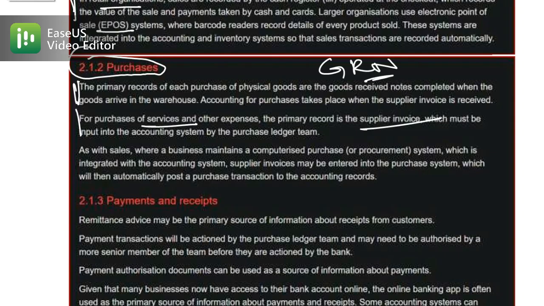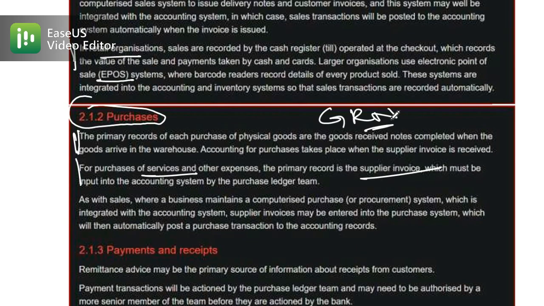So if these records are missing, inaccurate, or delayed, entire financial statements suffer. And that is why businesses implement controls like authorization checks, system validation and reconciliation to make sure everything is accurate. So you have understood about sales and purchases, that sales start with a delivery note, invoices, or an EPOS system in retail.